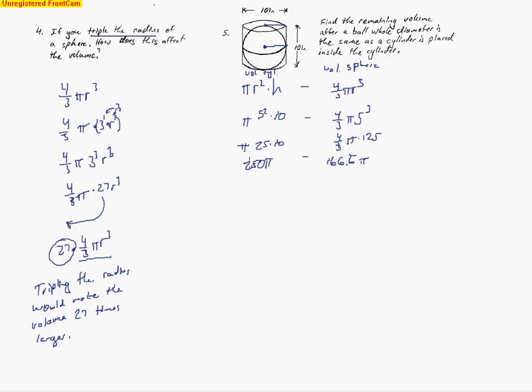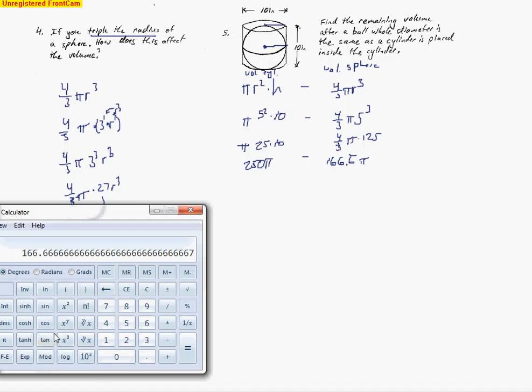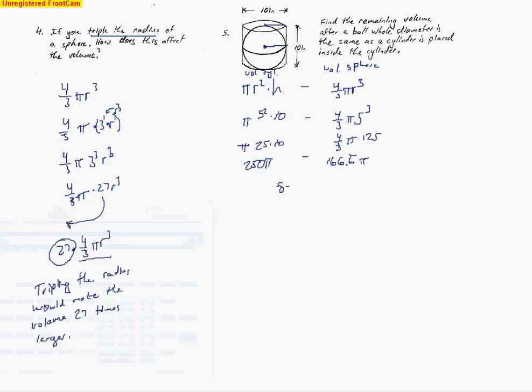So rather than coming up with a number with a decimal and then having to subtract another number with a decimal, I'll just subtract the coefficients, those numbers in front of pi. So let's go ahead and do that. I'll make this a negative number, and then subtract that. So I made it negative, so now I'm going to add, because when we have opposite signs, we actually subtract. I'll add 250, that gives me this number, 83.3 repeated pi.